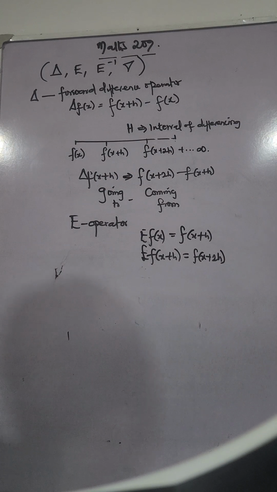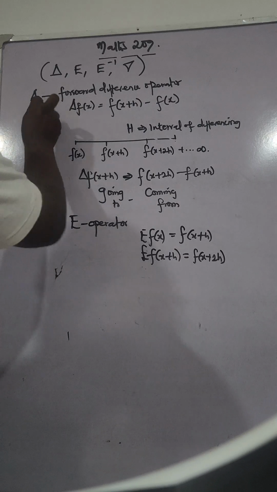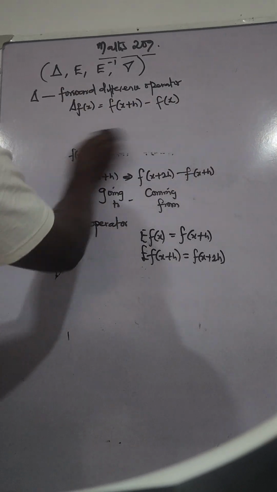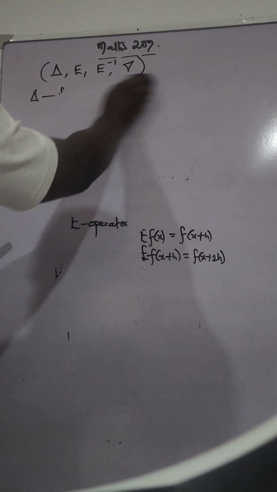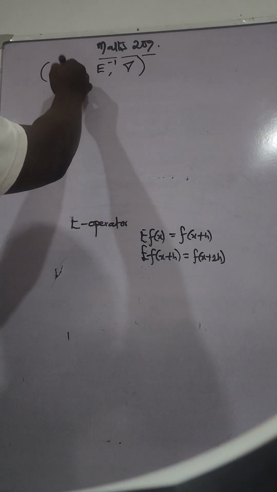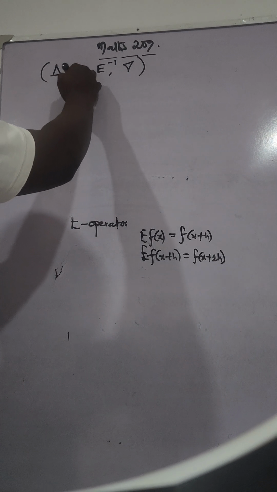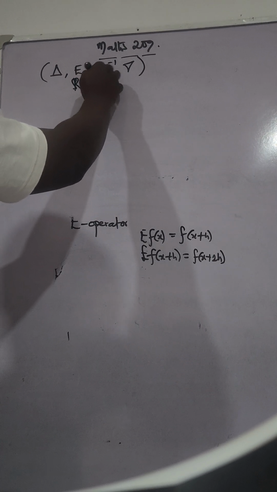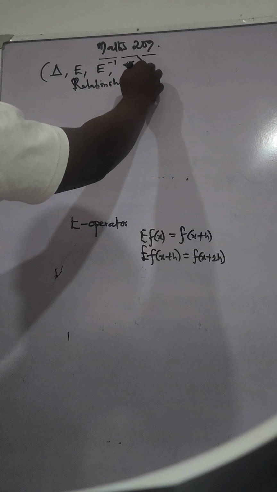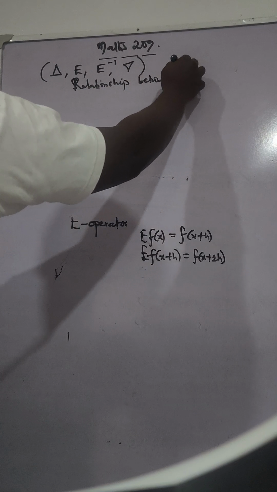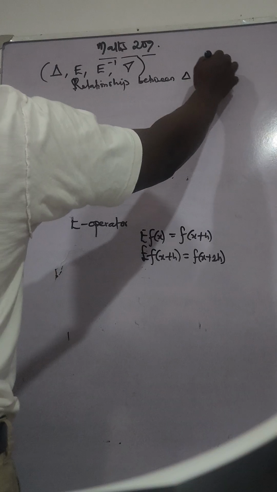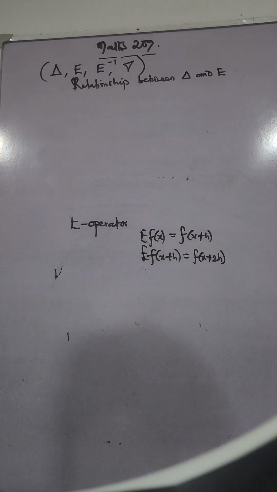He then said that there is a relationship between the forward difference and the E operator. And then he said, how do we know this relationship?